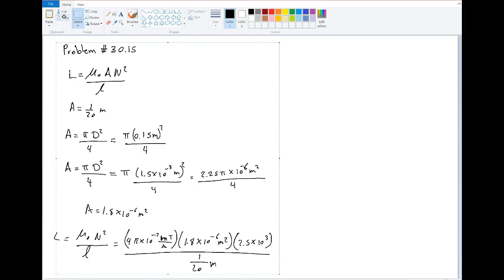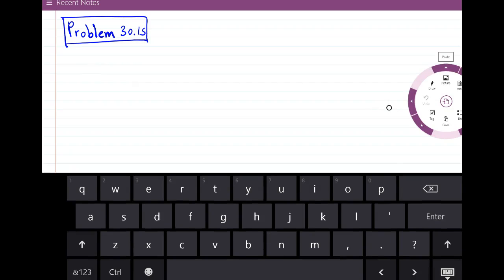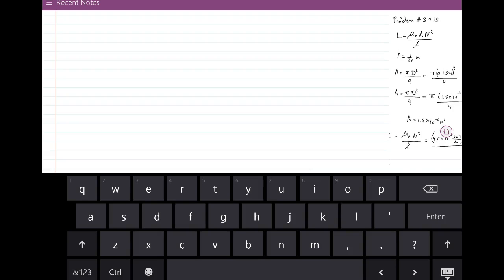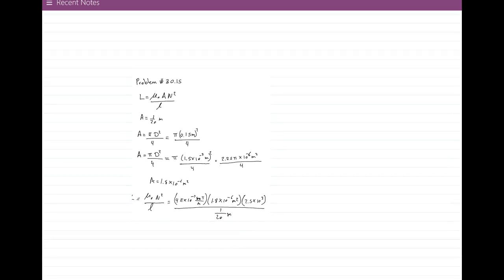What do we have? 10 to the third times 10 to the minus 6 is 10 to the minus third, times 10 to the minus 7 is 10 to the minus 10 Henry squared. And 2.5 times 4 is 10. 10 times 20 is 200. 200 times 1.8 is 360.